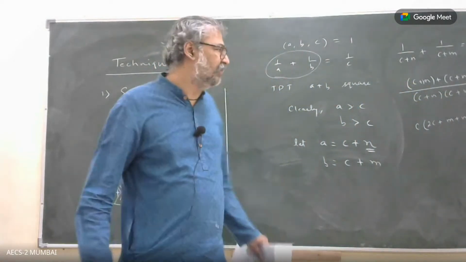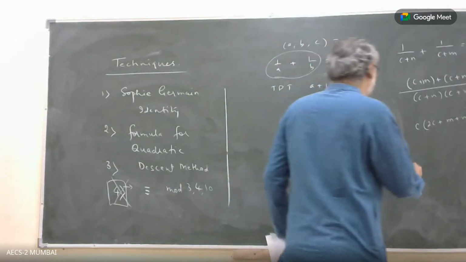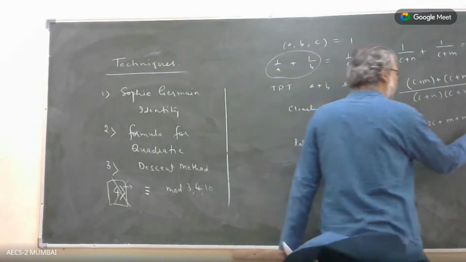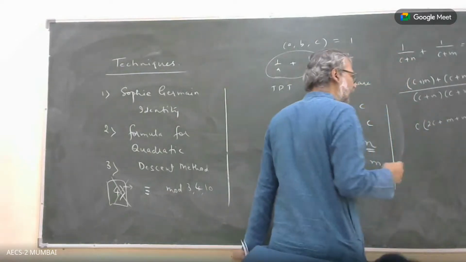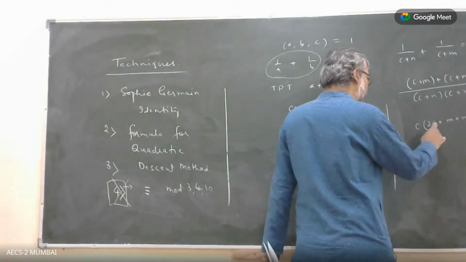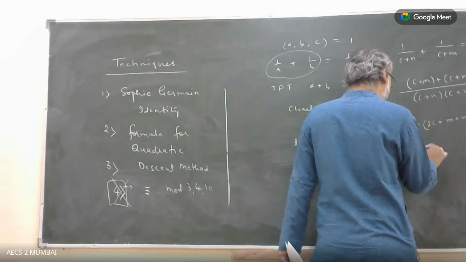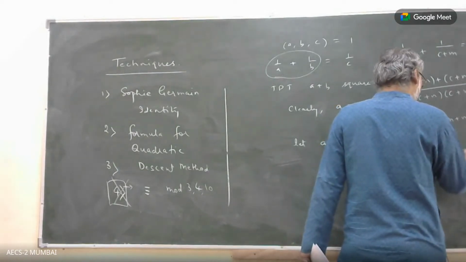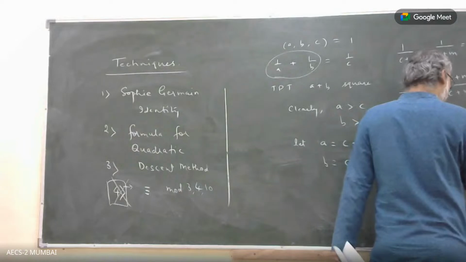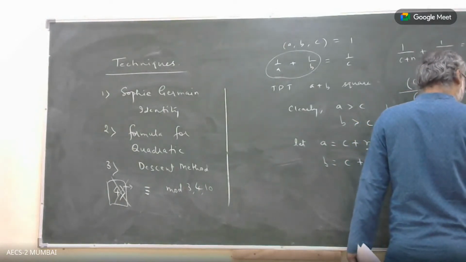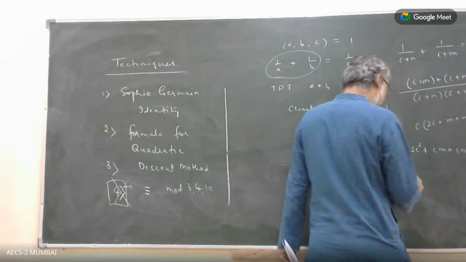So in Olympiads, we should have some patience with calculation. Many times calculations are tedious and should be done patiently. Yes, what does this imply? c into 2c plus m plus n gives 2c square plus cm plus cn, equal to c square plus cm plus cn plus mn.